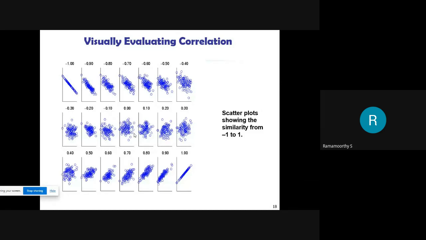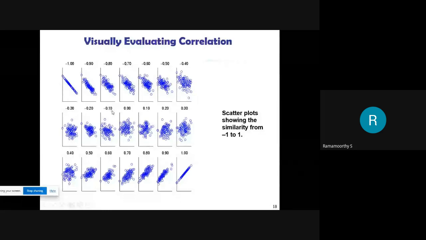right? So the similarity of values ranges from -1 to +1. Here you can see that from -1 to +1 is the similarity of the value.